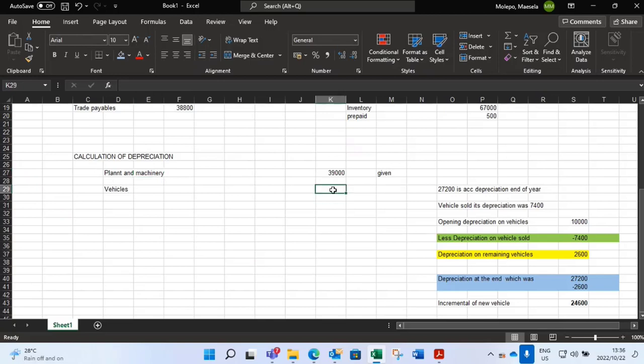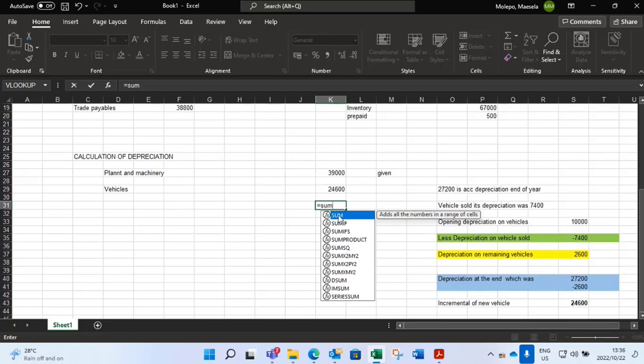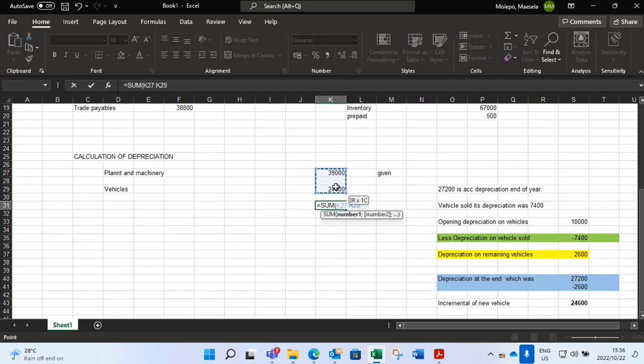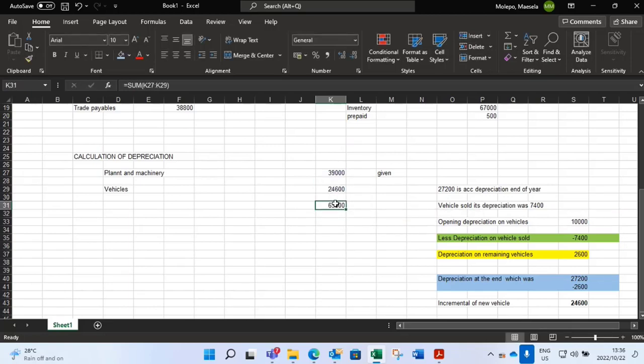So we'll say the vehicles, they only depreciated by 24,600. Then we add the 2, which is 63,600. So the 63,600 will be the one representing that portion.